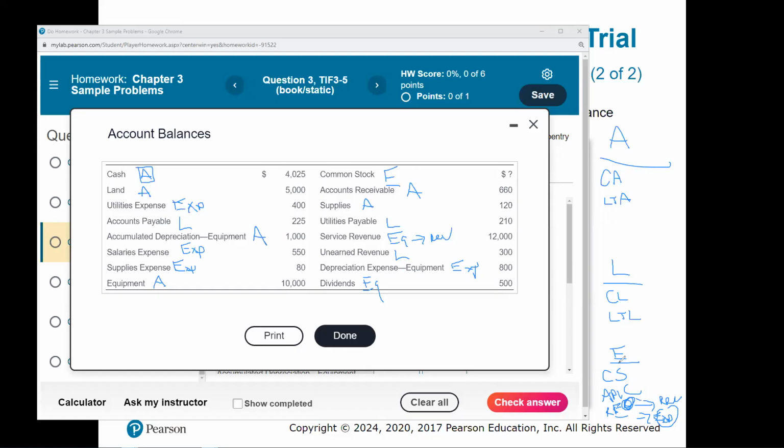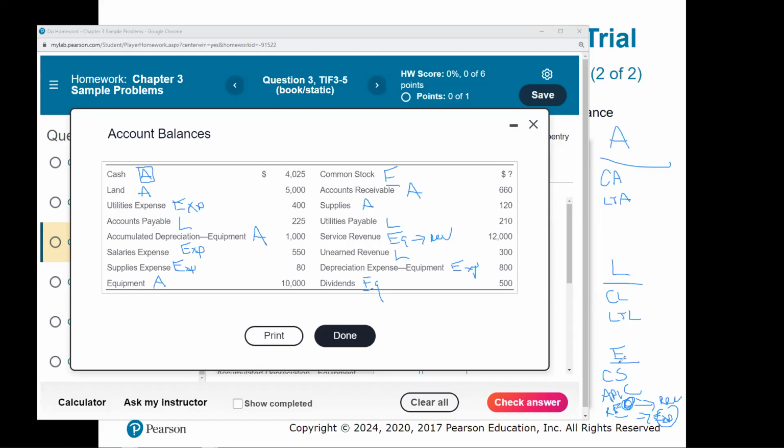All right, so with that, you're going to want to first grab all your assets and put them at the top, starting with cash, and then trying to get them in order of liquidity. So remember, as a quick reminder, liquidity being how close it is to being cash. Cash is the closest thing to cash, so cash goes first. So then we look at how many parts of the earnings cycle something has to go through.